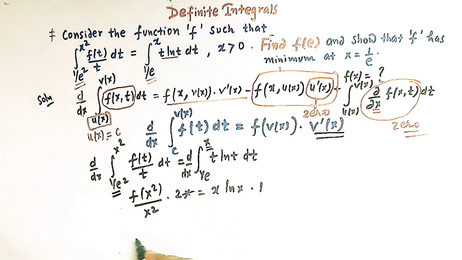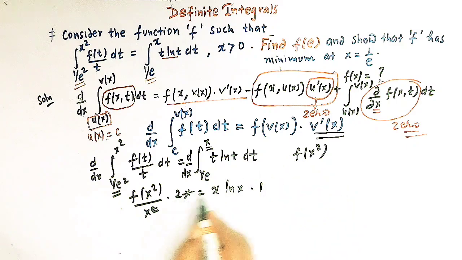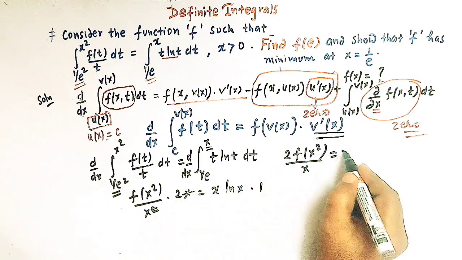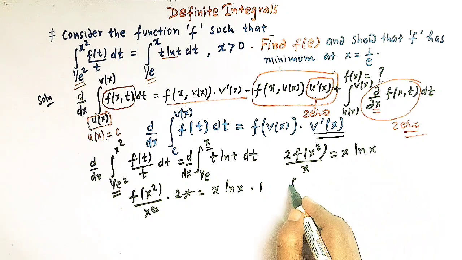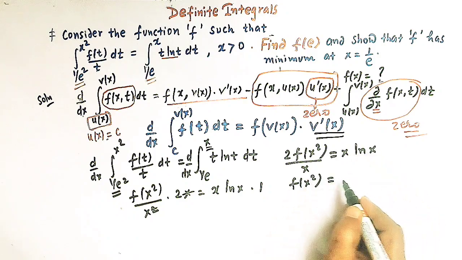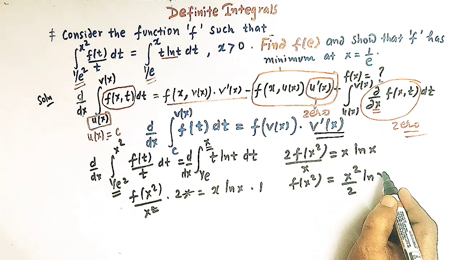So we can cancel this x with this one, and we have now 2 times f of x square over x, that is equal to x times natural log of x. So f of x square is now equal to x square over 2 natural log of x.